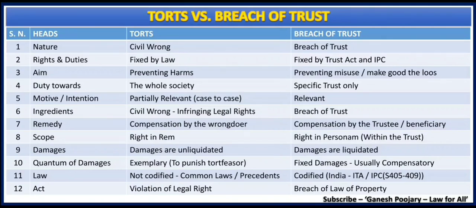Whatever income is coming from this property, X has to pass to K, L, M and N. Now X, instead of passing that to K, L, M, N, is passing it to his relatives Y and Z. Now he is breaching the trust of the author or the owner of the trust, Mr. A. So that is also breach of trust. That's about breach of trust.